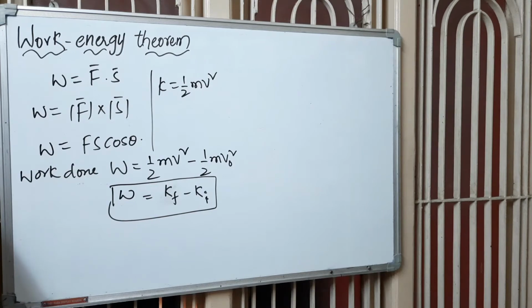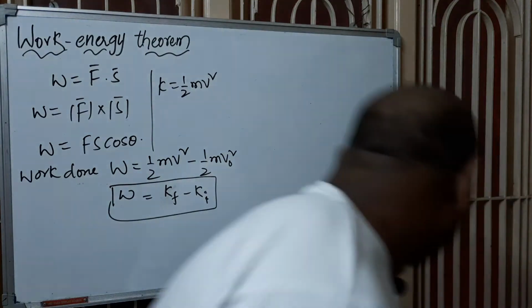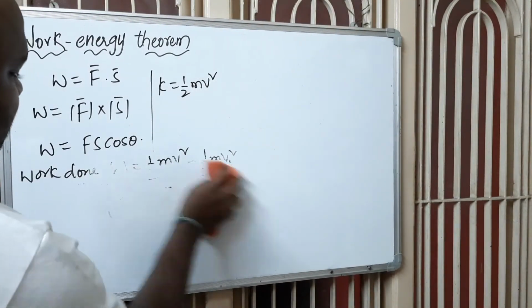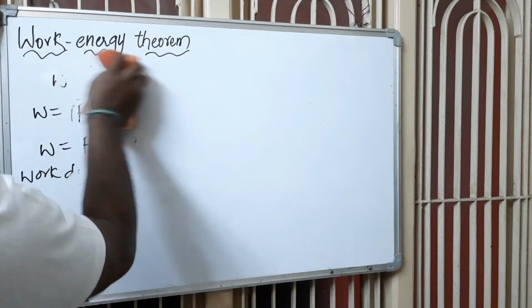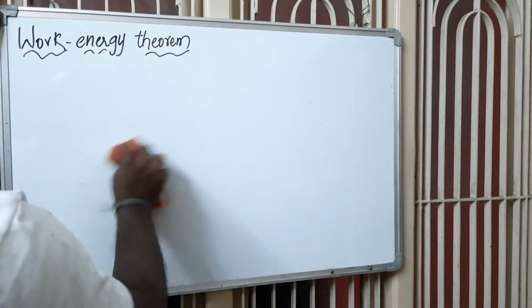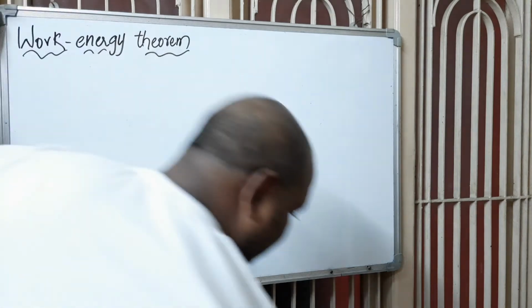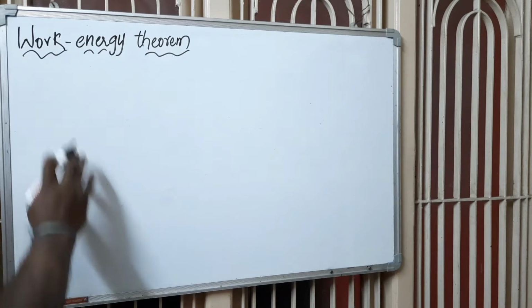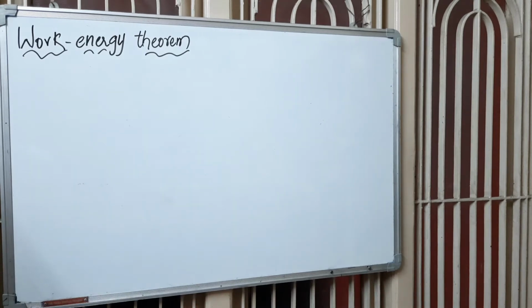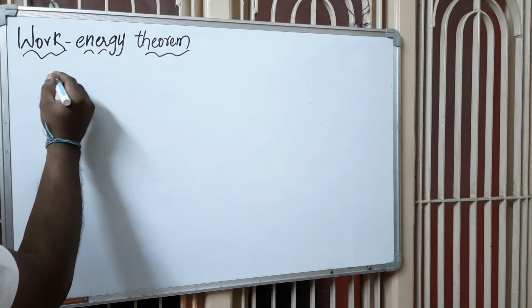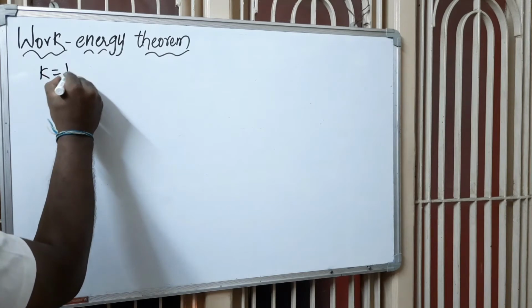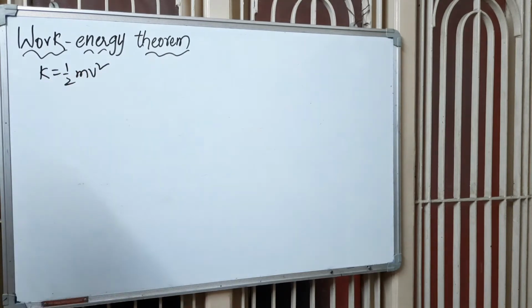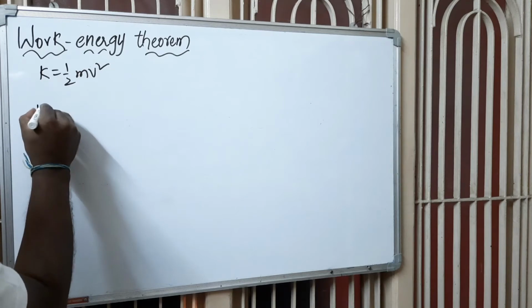To prove that, first of all we will rub the board. Now kinetic energy K is equal to half m v square. So for the time rate of change of kinetic energy, I take K is equal to half m v square and differentiate with respect to t.